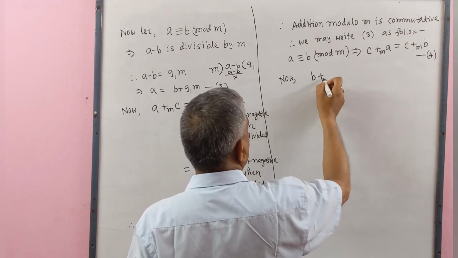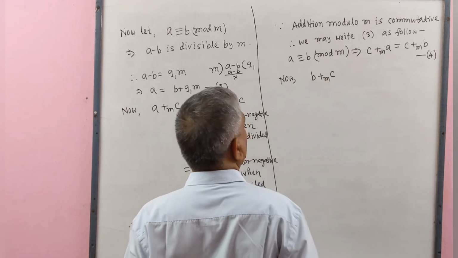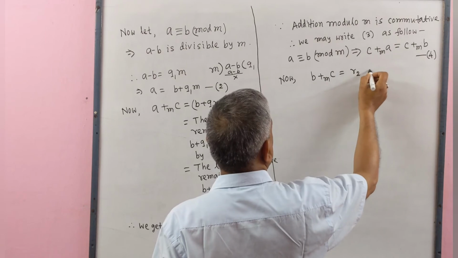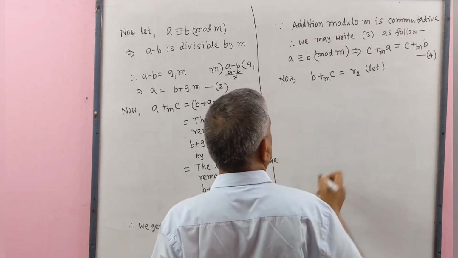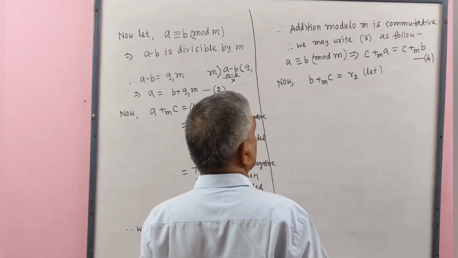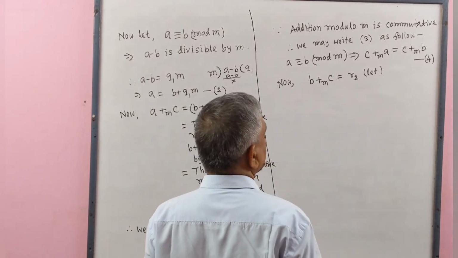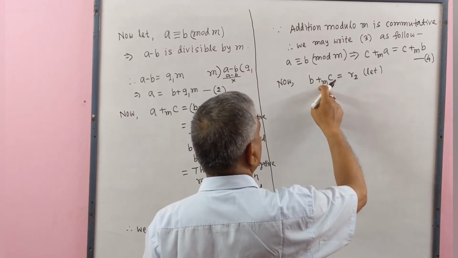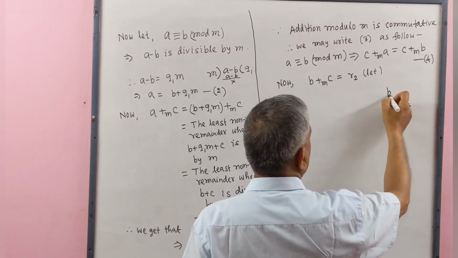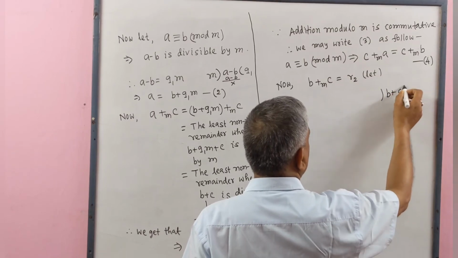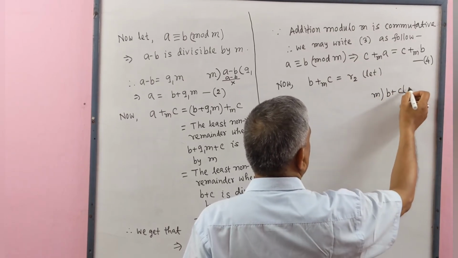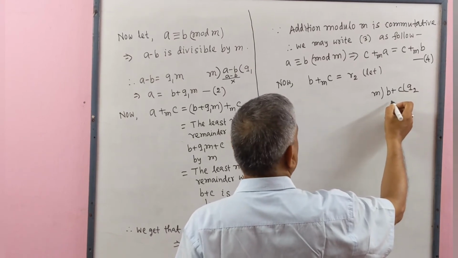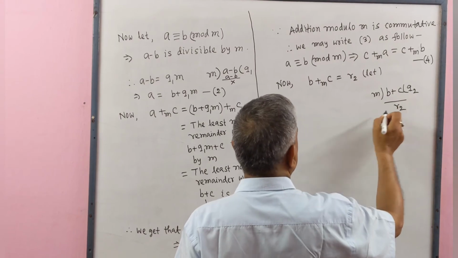Now B addition modulo M C equal to R2. This means that R2 is the least non-negative remainder when B plus C is divided by M. Let quotient equal to Q2 and remainder equal to R2.